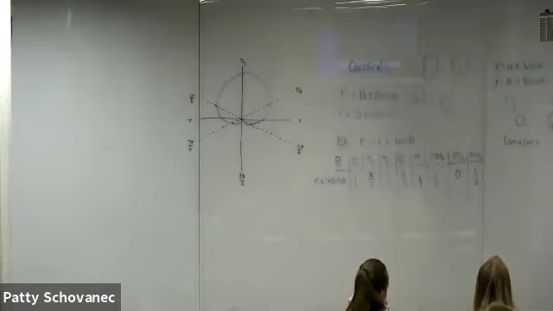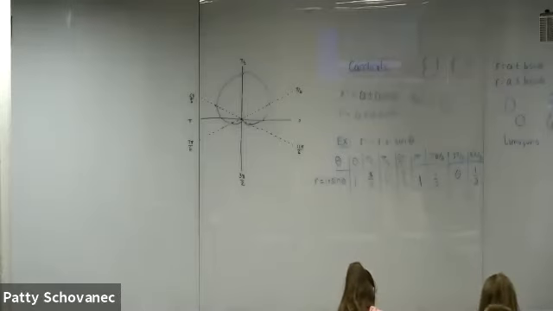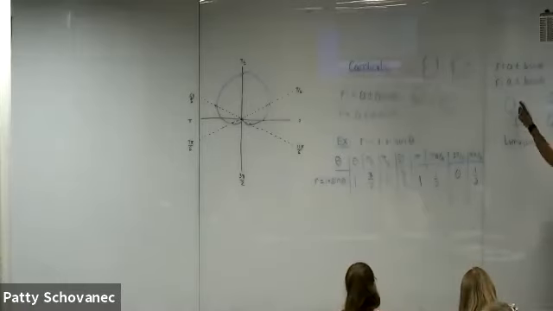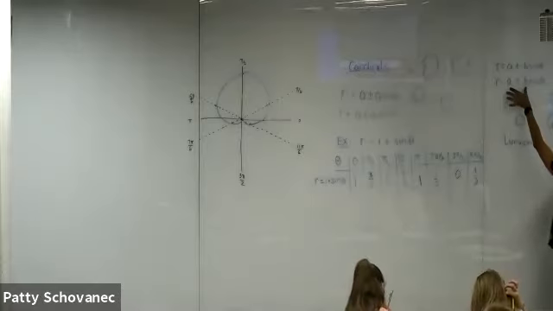Okay, so those are limaçons. It's got the little loop in it when the first number divided by the second number is smaller than 1. So the loop occurs when the first number divided by the second number is smaller than 1 and with a minus.